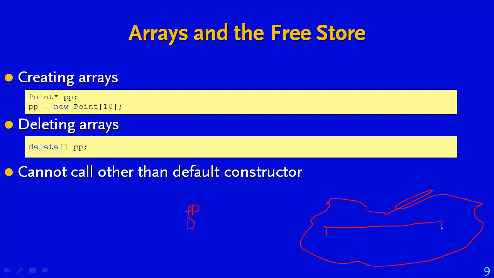So here it's probably one-dimensional or something. Okay, so here I create an array of length 10. So my pointer is pointed to the beginning of my array. So here's index 0, index 1, index 2, up to index 9.